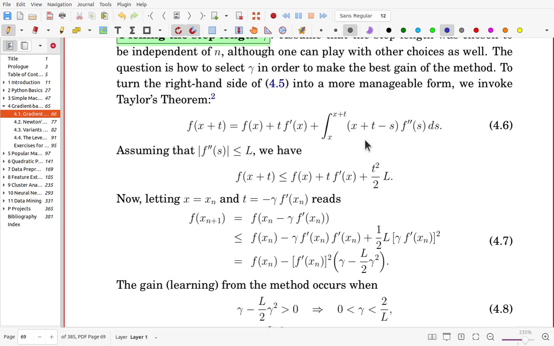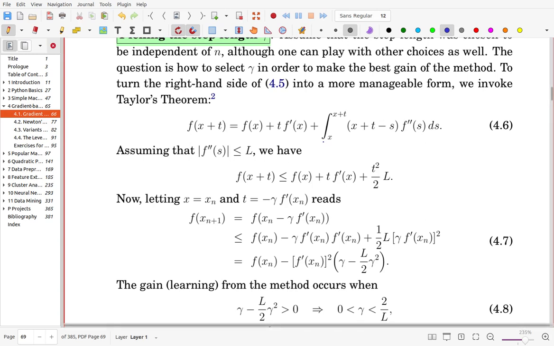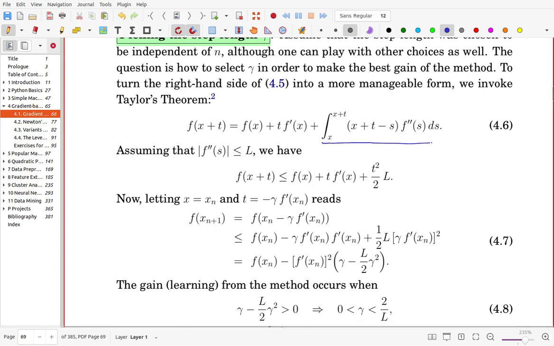Rather than this integral form, the remainder can be written as t squared over 2 factorial times f double prime at some point. That is Taylor's theorem.